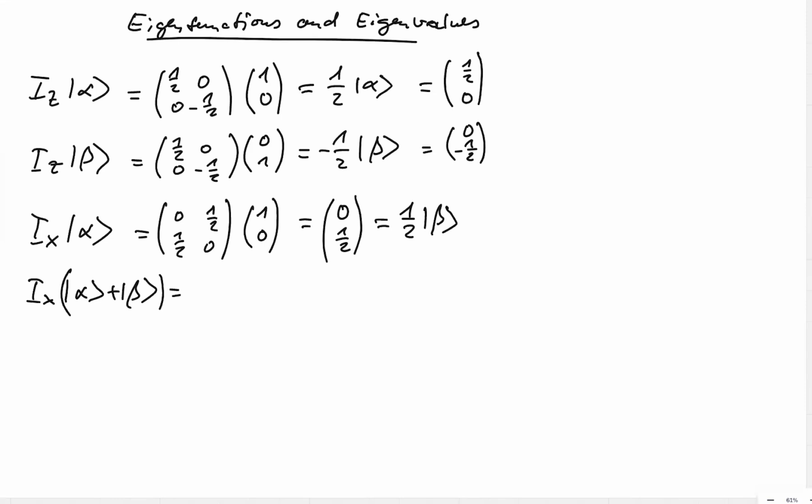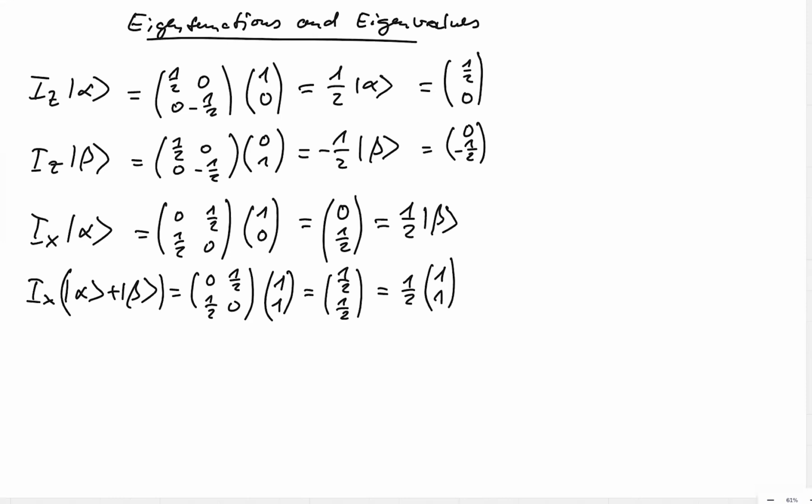And when we apply this, then this is again the matrix 0, 1/2, 1/2, 0, but this time times 1, 1. And when we do the calculation, we simply get 1/2 and 1/2, which is indeed 1/2 times the vector 1, 1. So indeed, Ix has the eigenvalue of 1/2 for the function alpha plus beta.